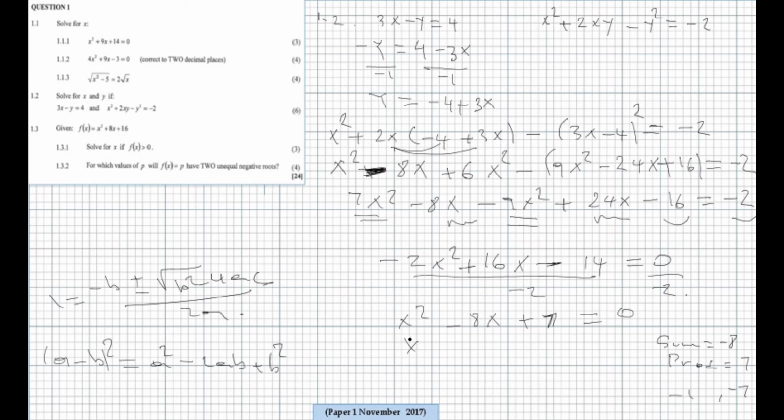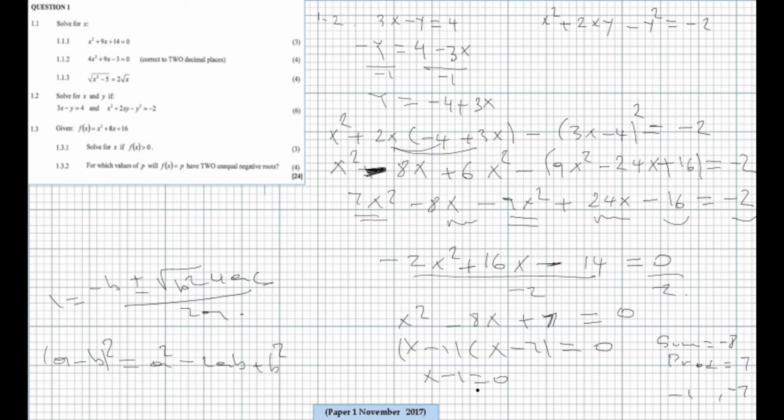So I'm going to have x, I'm going to consider the first number, which is negative 1, and then I'll repeat x, I'm going to use the second number, which is negative 7, and then I say equal to 0. So now I can solve this equation easily. All I need to do here is take each factor and let it equal 0.